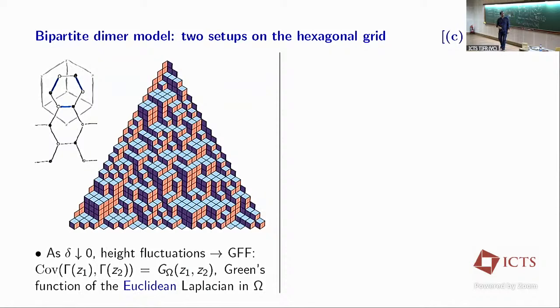And then there is a result in this concrete setup, when you approximate a triangle exactly in this way, that the height fluctuations converge to the Gaussian free field. Fortunately for me, the Gaussian free field already appeared in Pierre's lecture yesterday, but it was a discrete guy.